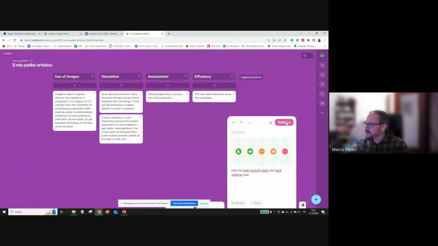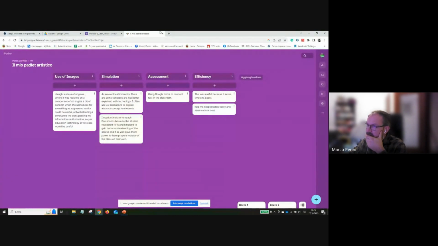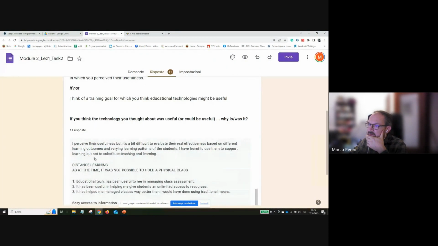Okay, very good. Another: I perceive the use is a bit difficult to evaluate for real effectiveness, based on different learning outcomes and varying learning patterns of the students.